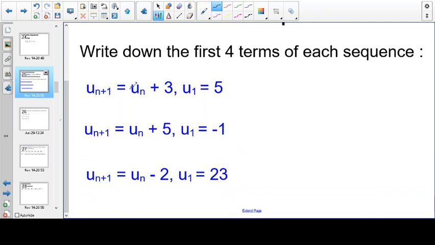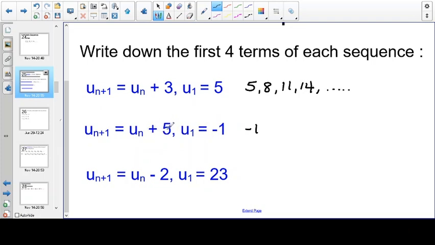So in this one here, each term is the previous term plus 3. So if we start off with a 5, to get the next term we need to add 3, add 3, add 3, and so on. This one here starts off at -1.